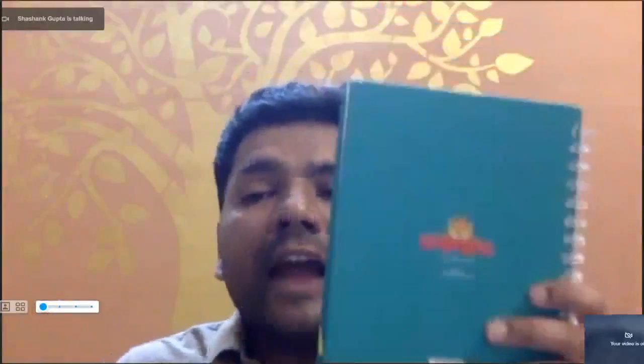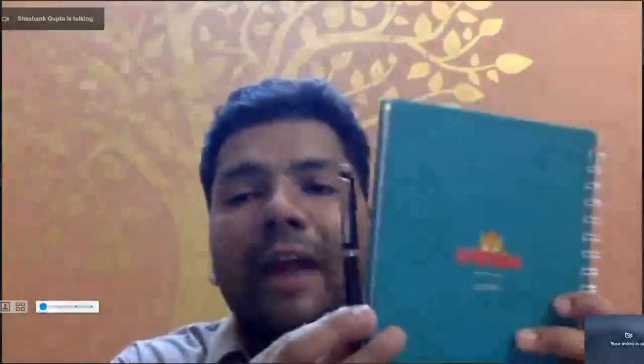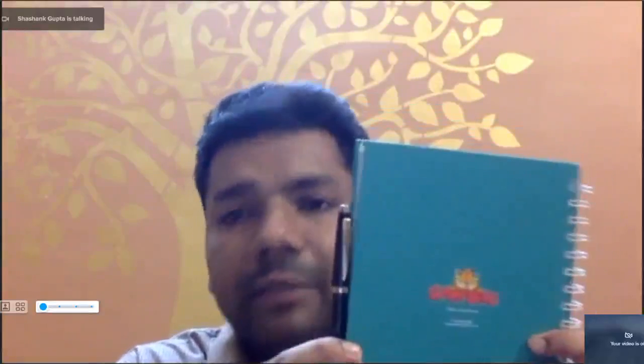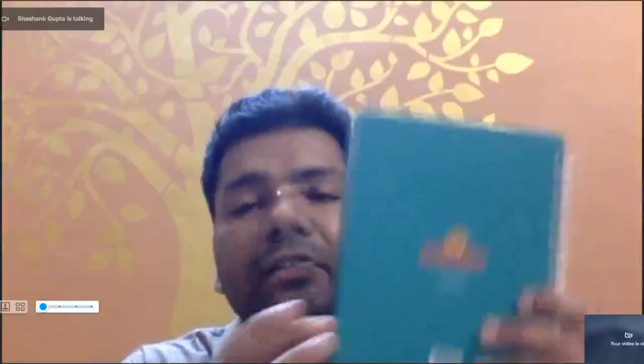So an ideal way is you say pad plus pen at the price of pad. Two things at the price of one, and because two things are being supplied at the price of one, that is completely allowed. Nothing is being supplied free of cost, and hence the ITC for both the pad as well as the pen shall be available.